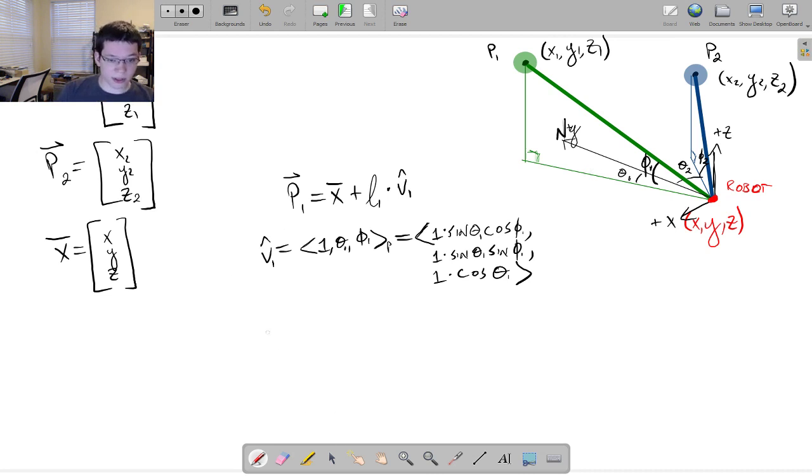So then we're going to have our equation in general, Pn, where n is 1, 2, 3, etc., equals x plus ln times vn hat.